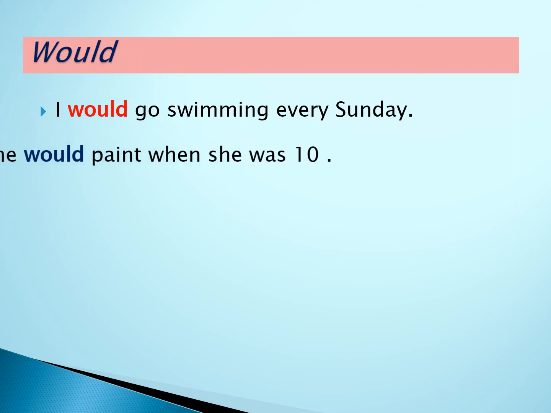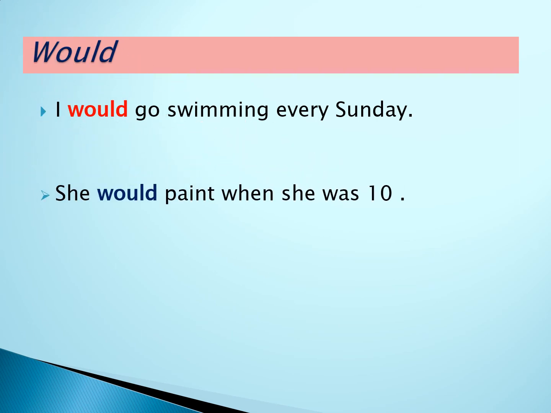Let us see another sentence. She would paint when she was 10. What is the meaning of this sentence? She painted when she was 10. Past habit. So here also I used would instead of used to talk about past habit.